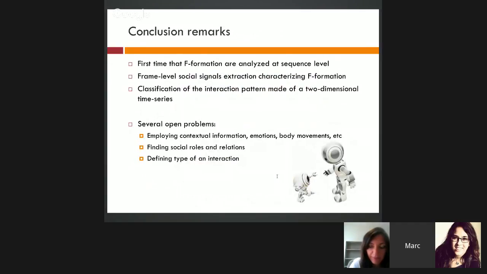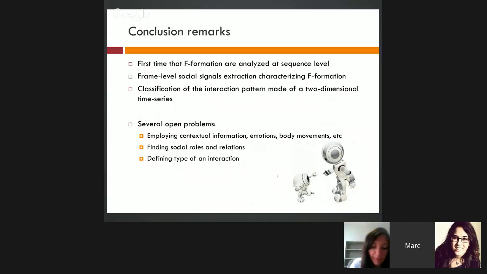As the concluding remarks, we could say that, to the best of our knowledge, this is the first time that social interaction is being analyzed at the sequence level using LSTM, in a way that we extract the social signals at the frame level, and then we analyze them over the whole sequence. And there are several problems that remain open.